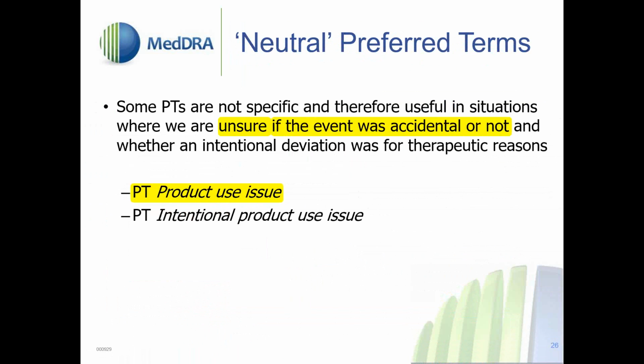So a very general term. And if it is not clear whether an intentional deviation from proper use happens for therapeutic reasons, a suitable LLT under PT intentional product use issue can be selected. So these are the vague terms that you can use when you get a vague report, when you don't get further information and you cannot really classify specifically.